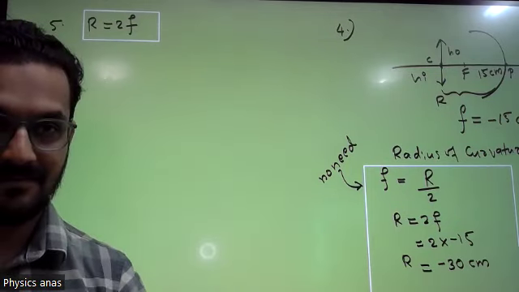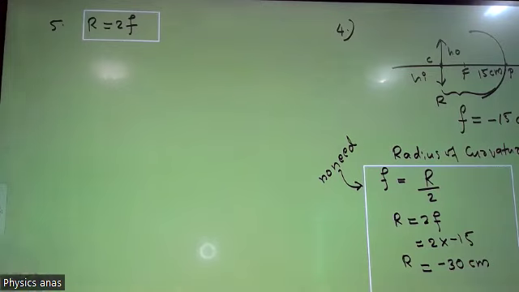In the options, there is no mention of lenses. It is not for convex only, not for concave only, and not neither. Then what will be the answer?